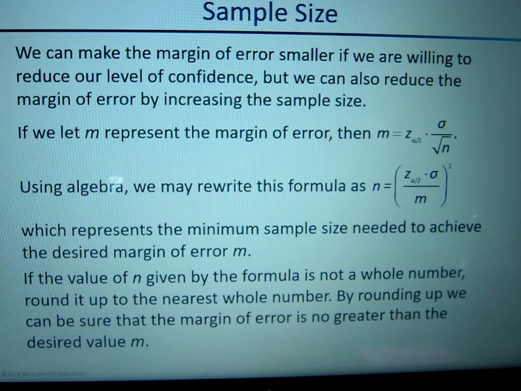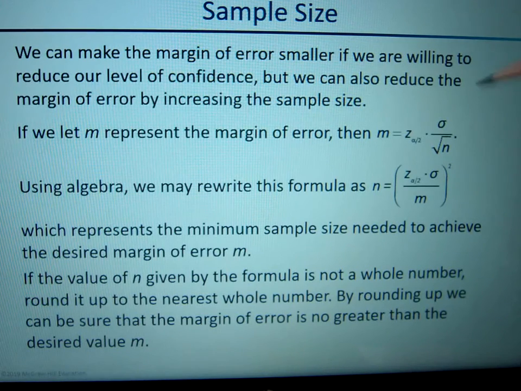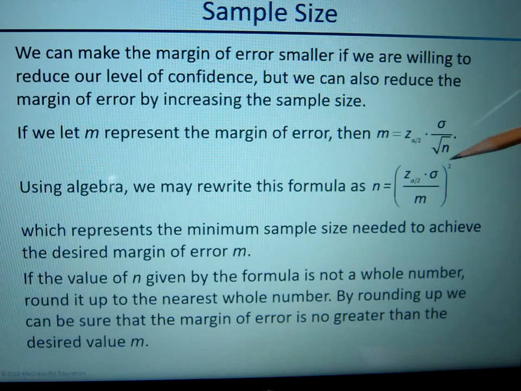If we let M represent the margin of error, then we take our z-score, that value of standard deviation divided by the square root of n. If you make your sample size larger, then you can make your margin of error smaller.